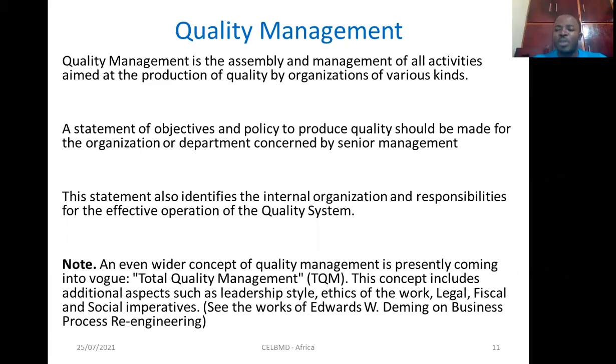That's the kind of culture that is created by management, sustained and experienced by the internal customers, being the employees, and appraised by the external customers, that's the consumers of the products and services. That also includes ethics of work, the legal, fiscal, and social imperatives of the business itself.